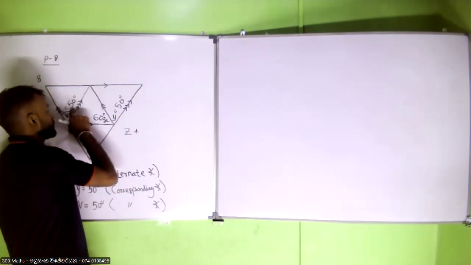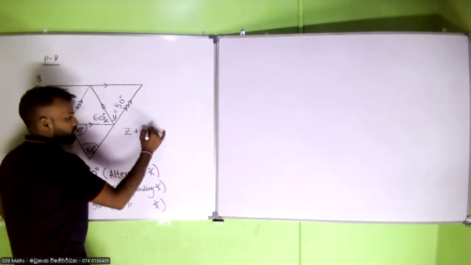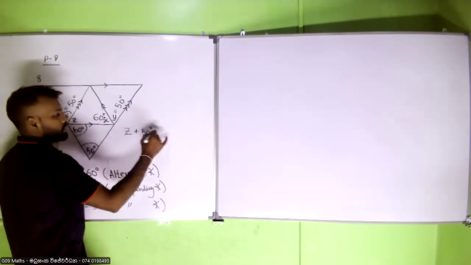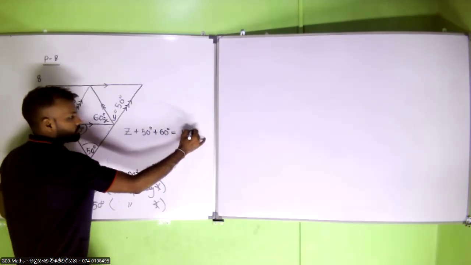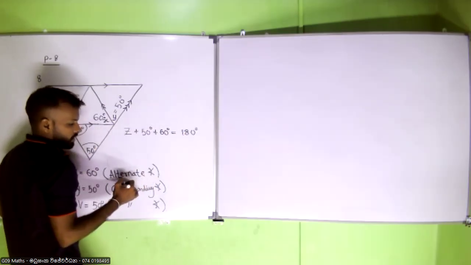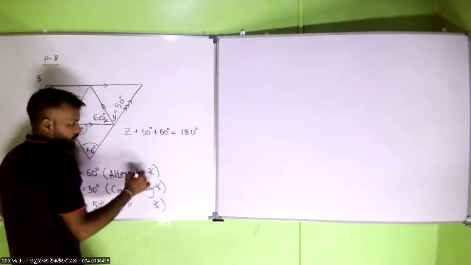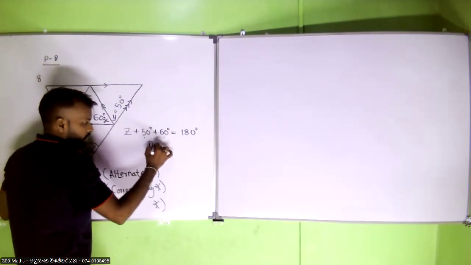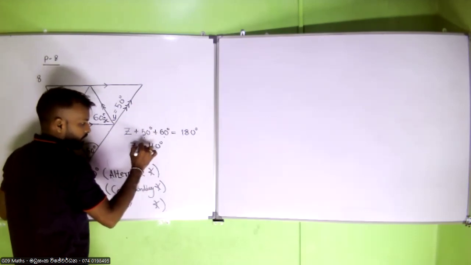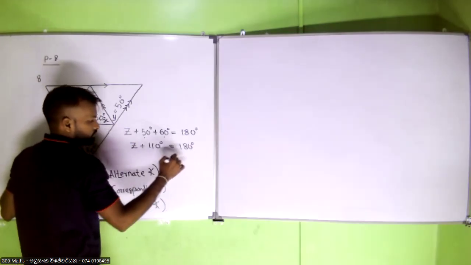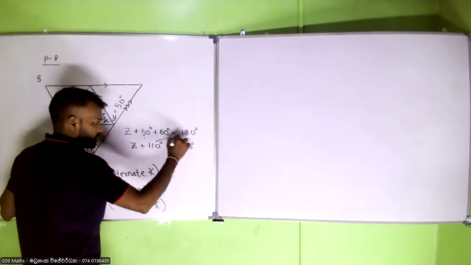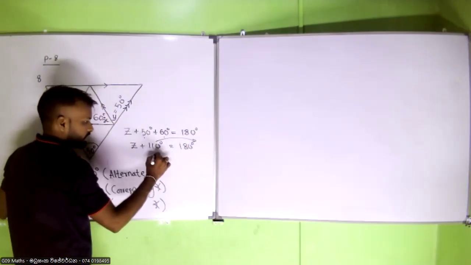Z plus 50 degrees plus 60 degrees is equal to 180. Correct? 60 plus 50, 110. Z plus 110 equals 180. Right? So take 110 to the other hand side.